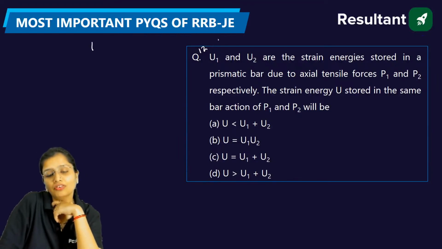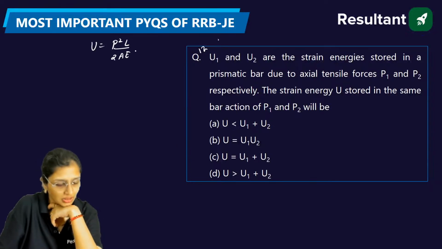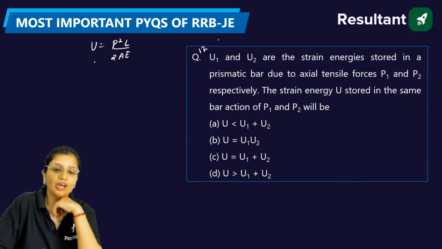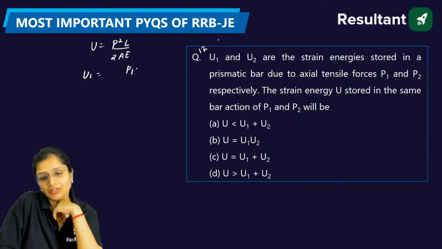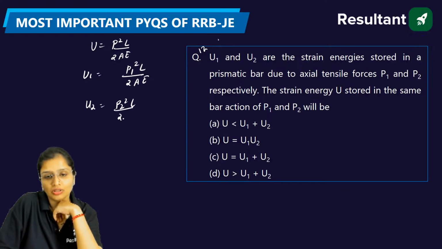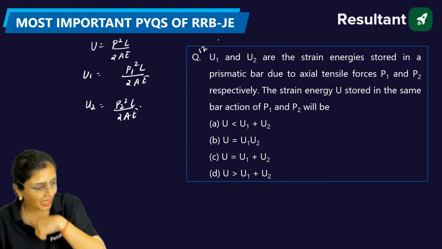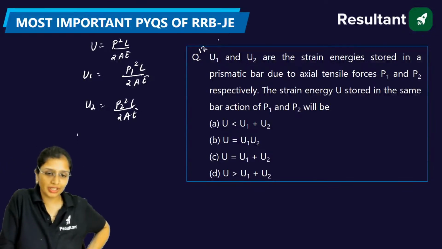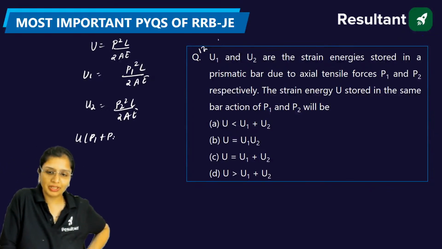What is the formula for strain energy? P square L upon 2AE. This is the formula, correct. Now U1, strain energy due to P1 load, will be P1 square L upon 2AE. U2 will be P2 square L upon 2AE. Now, if you calculate U for P1 plus P2, this will be (P1 plus P2) whole square L upon 2AE.